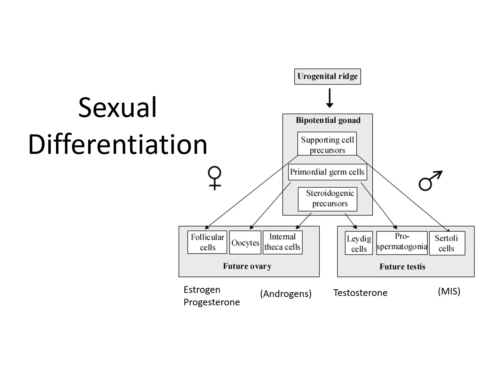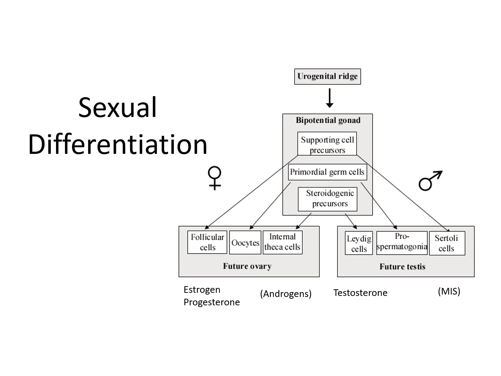Even at this stage, there are 3 distinct sets of cells. So we have a population of cells that will give rise to support cells in the mature gonad. We also have what are called primordial germ cells. Now, unfortunately, the word germ has a few different meanings in biology. We're not talking about bacteria or pathogens here.